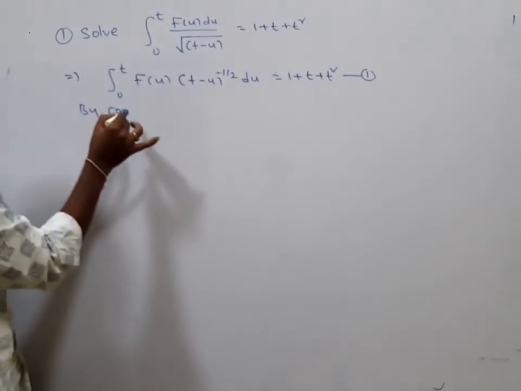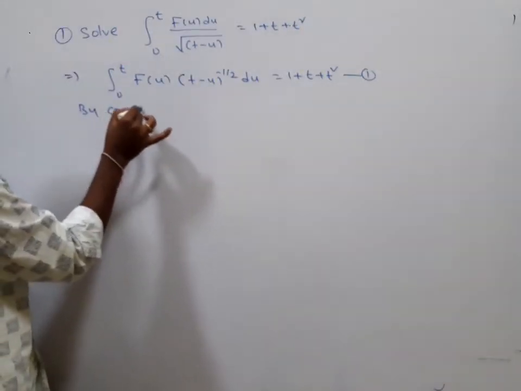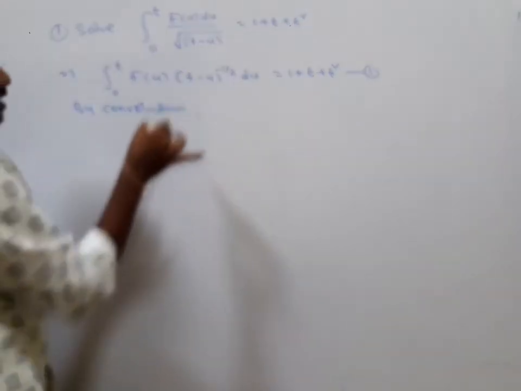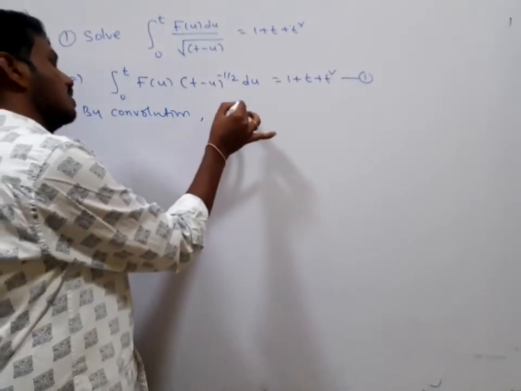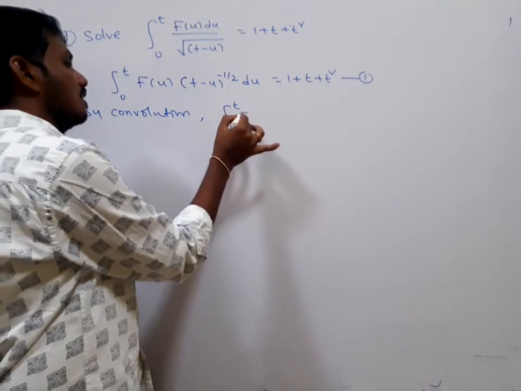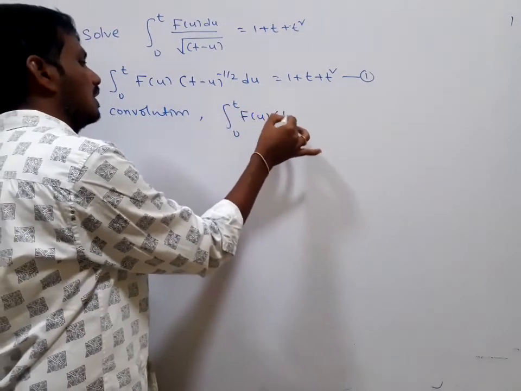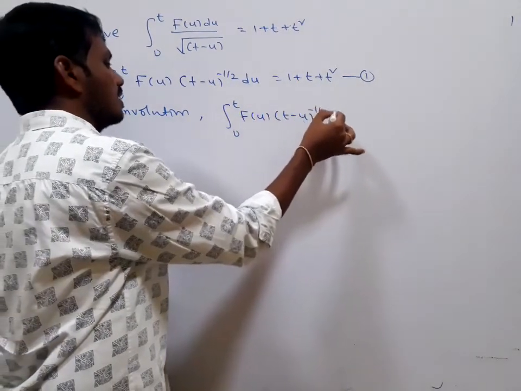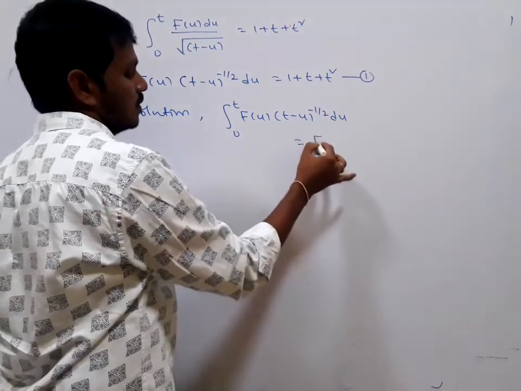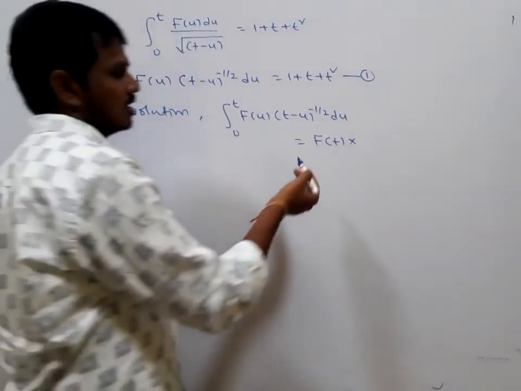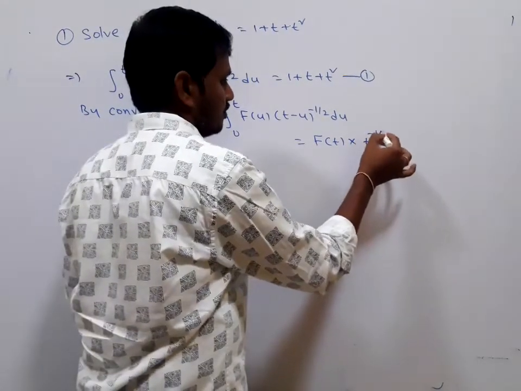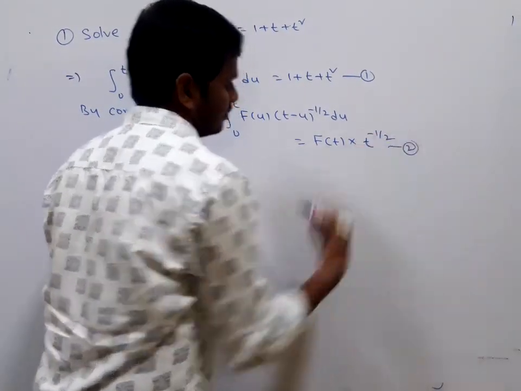Again we use the convolution. By the definition of the convolution, we have integral 0 to t f of u (t minus u) whole to the power of minus 1 by 2 du is equal to f of t convolved with t to the power of minus 1 by 2, say this is 2.